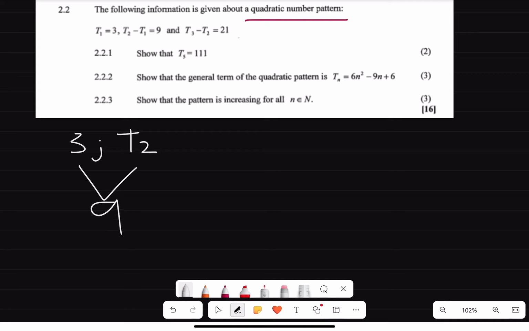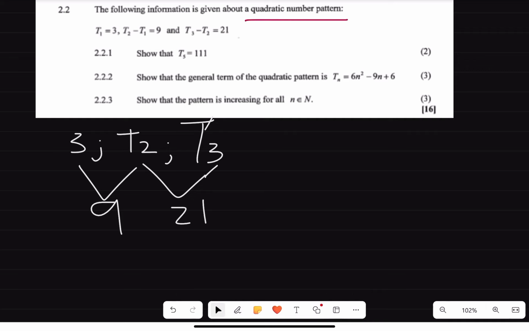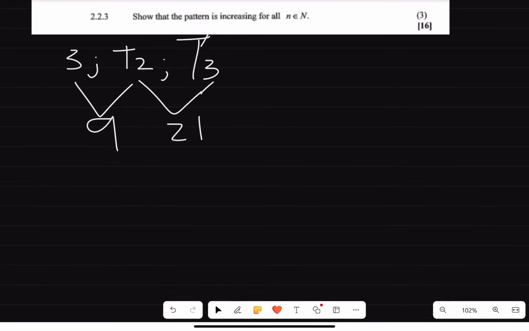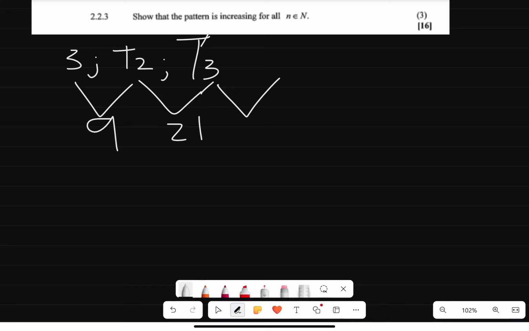They also gave us t3 minus t2. We don't know the value of t3. But we know that when we subtract t2 from t3, we're going to get 21. And because they told us that this is a quadratic number pattern, we can easily see the pattern here.